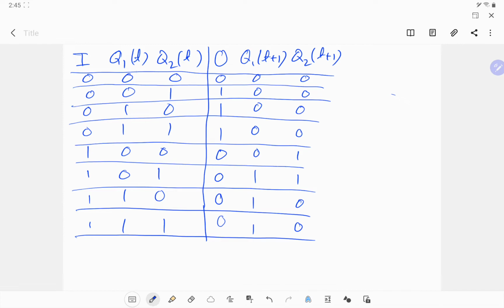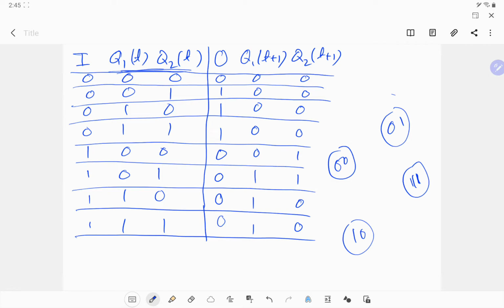Since there are two flip-flops here, Q1 and Q2, by using two Boolean variables we can have 4 combinations: 00, 01, 10, 11. Each combination is a state.